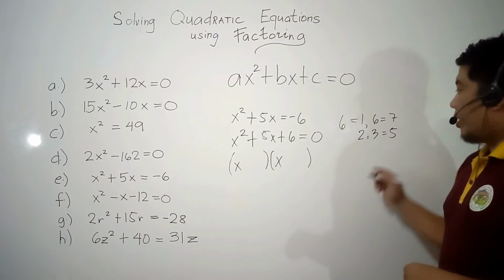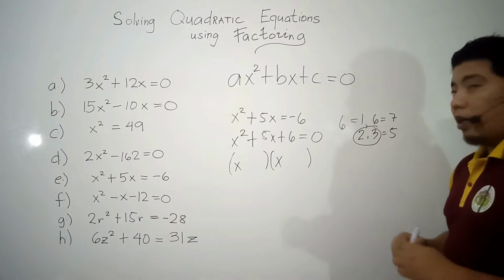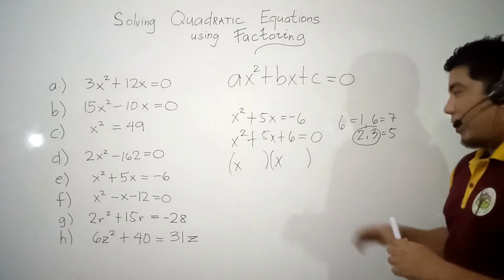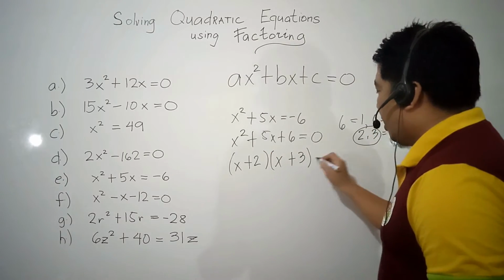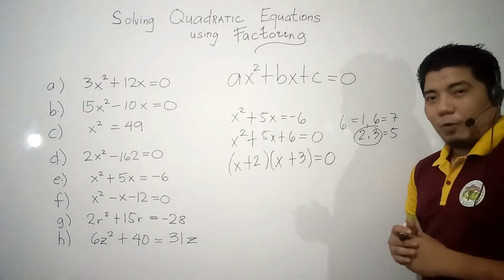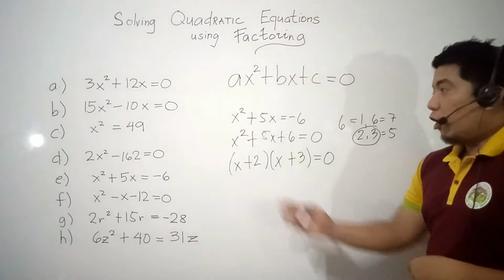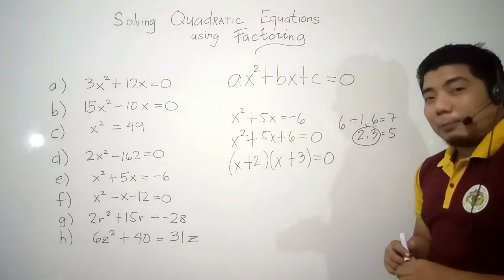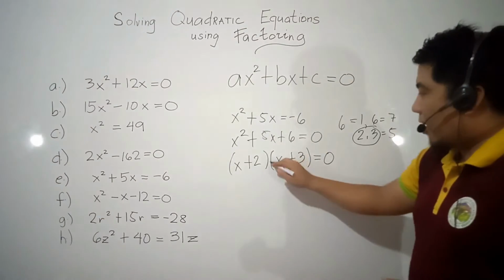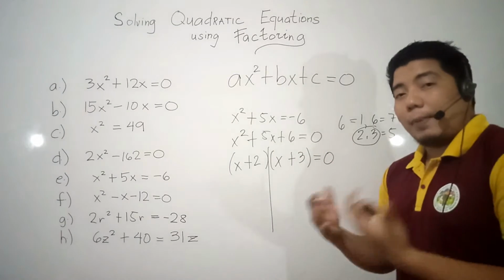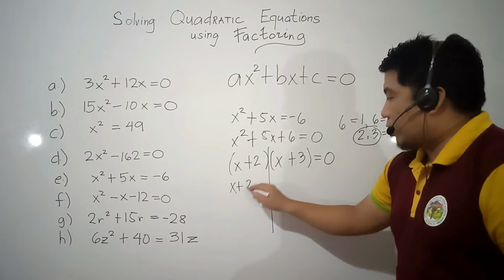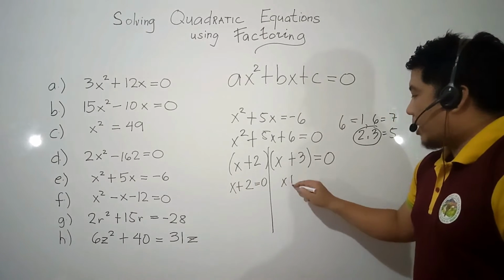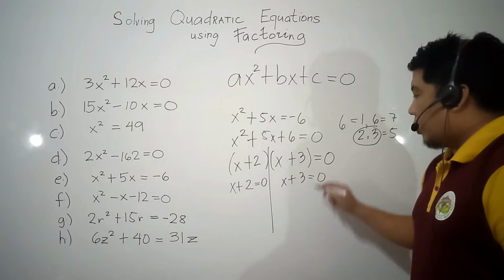So what we will do here is we will follow our 2-3 pair. Okay, so we will just put positive 2 here and positive 3 here is equal to 0. And that will be our factors for our x squared plus 5x plus 6. Now, the same scenario, what we will do is separate our factors and equate them into 0. So, x plus 2 is equal to 0 and x plus 3 is equal to 0.